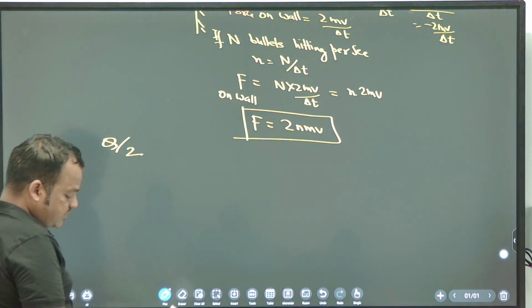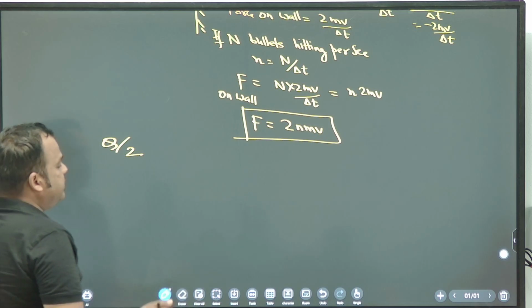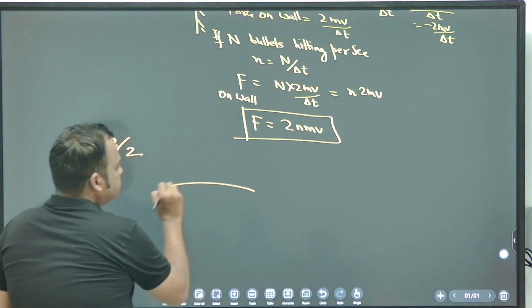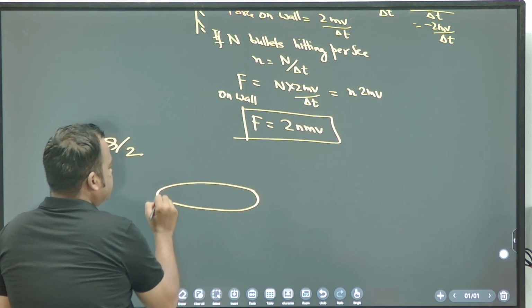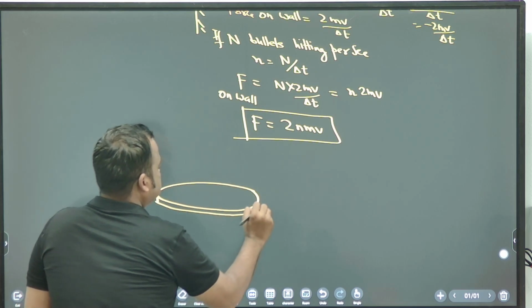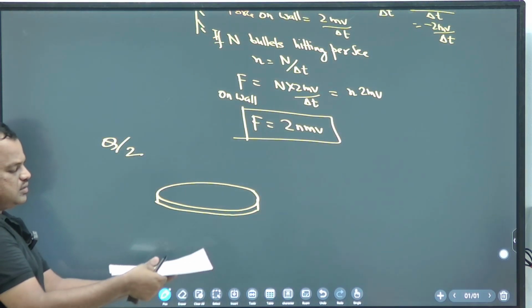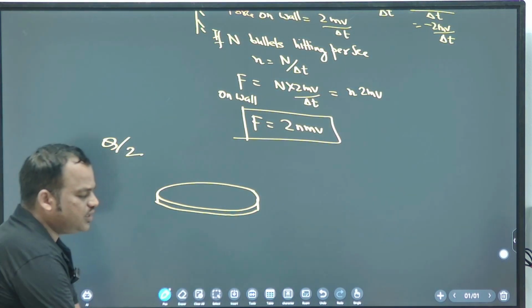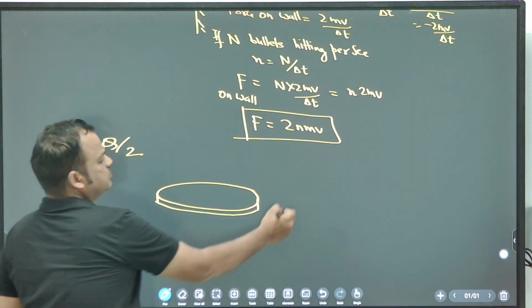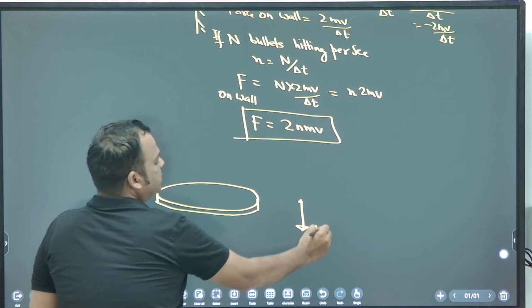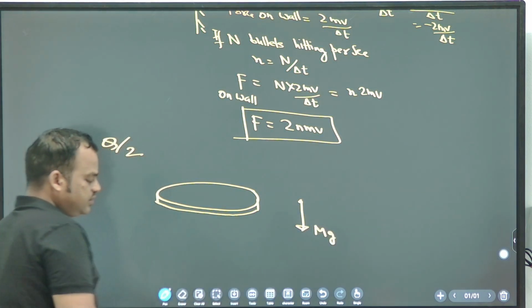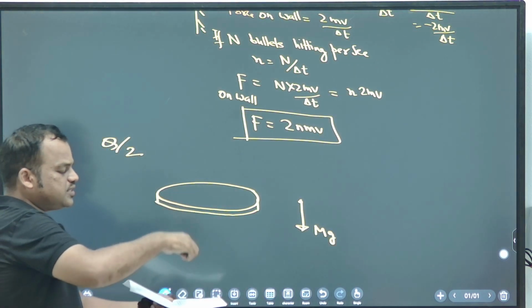What is the question? It is a very important question. There is a disc, like this disc is there. If you release this disc, it will fall. Why is it falling? Because of weight, mg. Anything if you release, it will fall, correct?